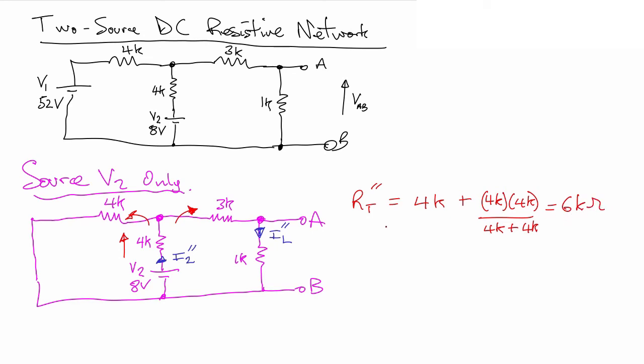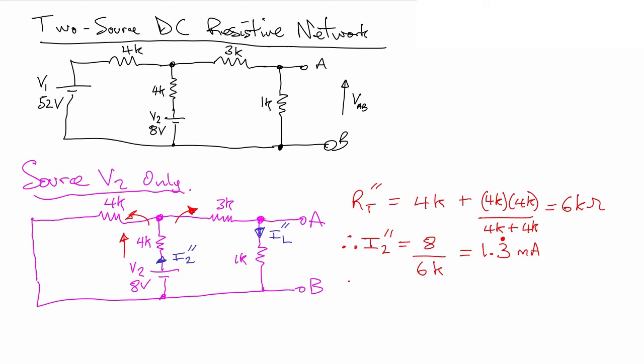Okay, so then we can say the current I2 double dash, which emerges from that battery, is equal to the battery voltage itself, which is 8 over 6K. And of course, that is going to give us 1.333, or 1.3 recurring milliamps.